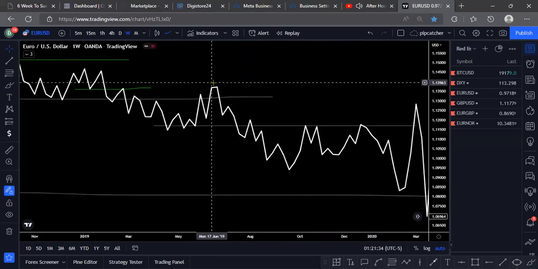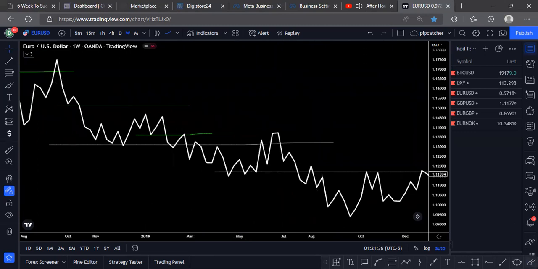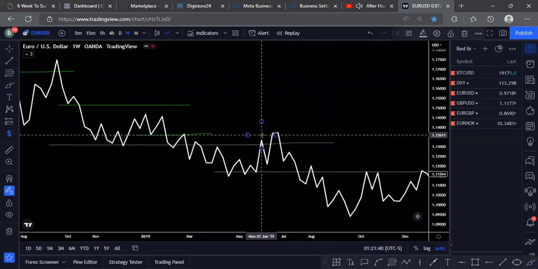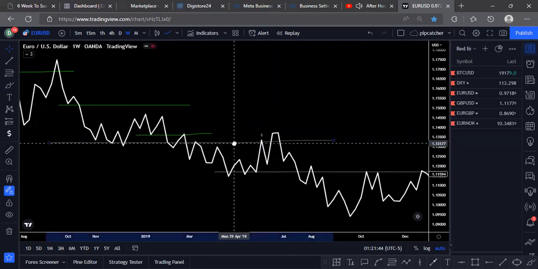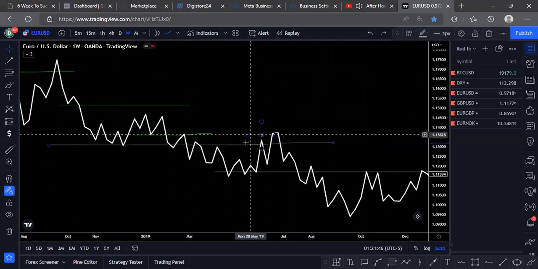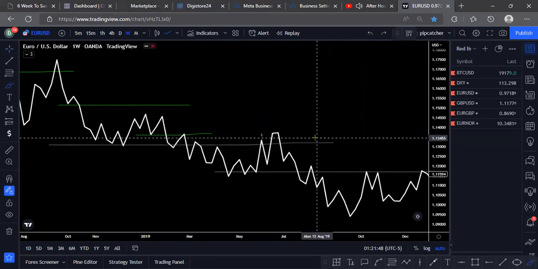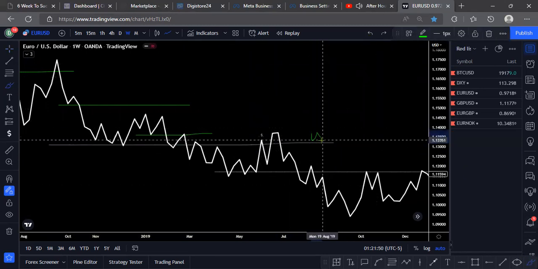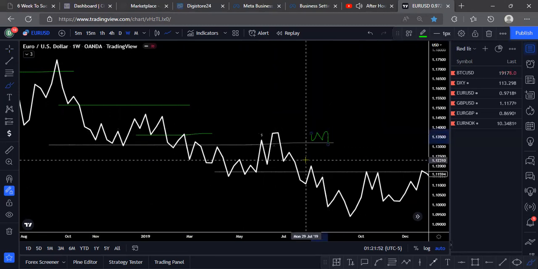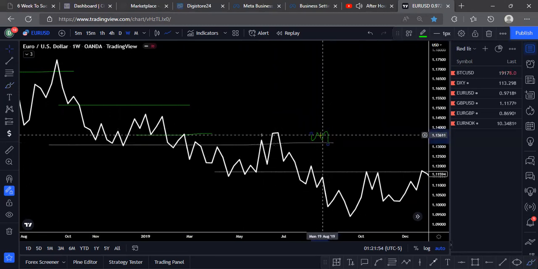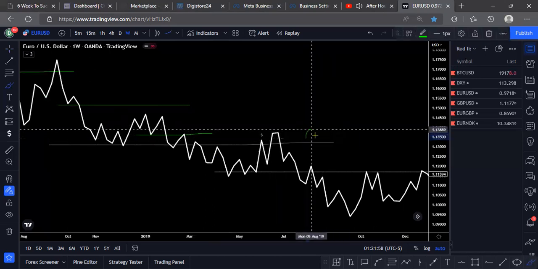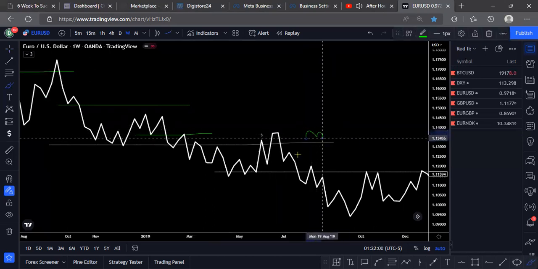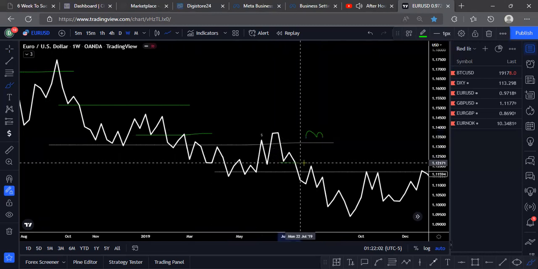Looks like a little liquidity grab up into that monthly point of interest. Remember, the gray is our monthly, right?